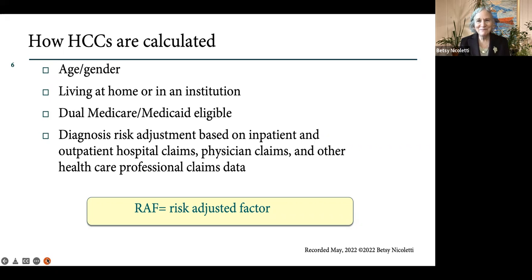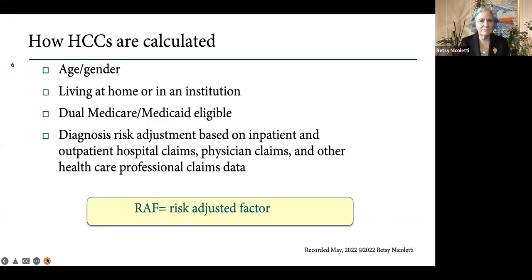And then what we're talking about, the diagnoses that are submitted on claims in a calendar year, and specifically on inpatient and outpatient claims, physician claims, and other health professional data like social work and physical therapy. It doesn't use the diagnoses that are submitted for laboratory tests or other diagnostic tests. And RAF, that's the risk-adjusted factor.